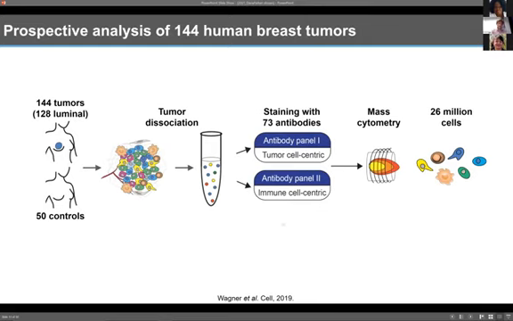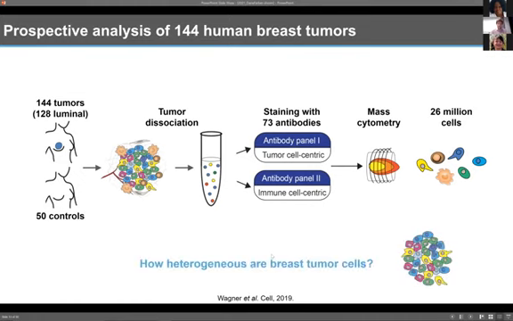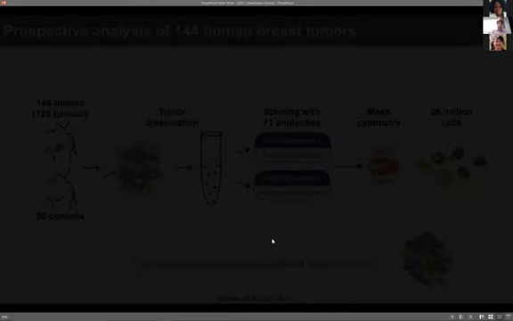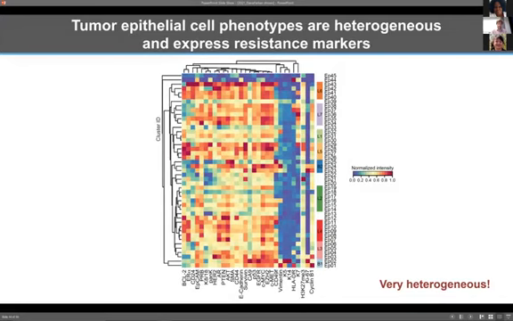The first question that we had in this study was, how heterogeneous are these breast tumor cells? And the answer is very heterogeneous. Here you see on the x-axis the different markers that we measured, and on the y-axis 45 distinct tumor epithelial cell phenotype clusters, and the color scale indicates from blue lowest to red highest the expression level of the markers.